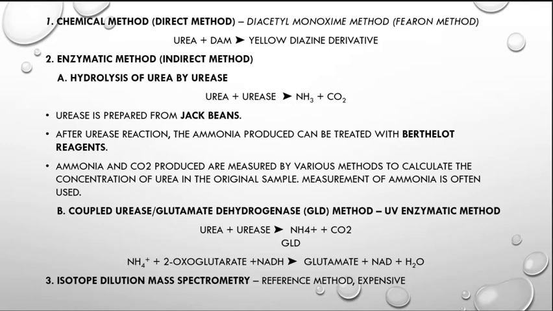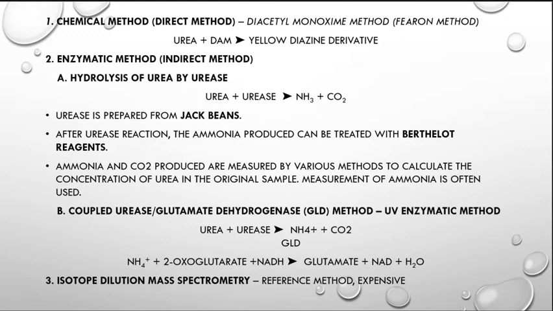We have three methods for determining your BUN: your chemical method, your enzymatic method, and your isotope dilution mass spectrometry. You will discuss them further in your lecture class.